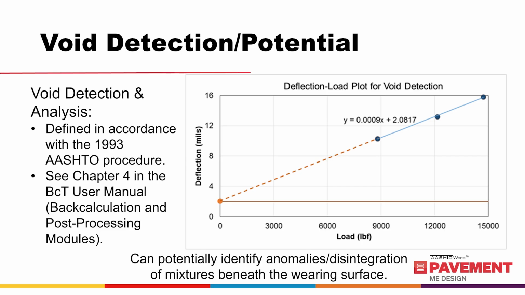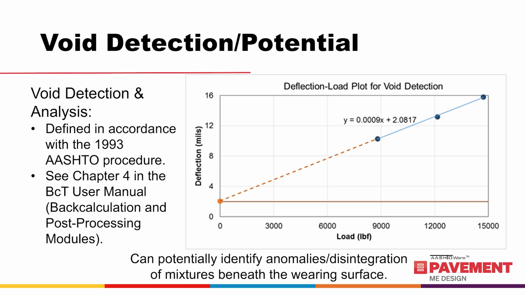This graph illustrates the determination of the loss of support variable, which is in accordance with the 1993 AASHTO procedure. Chapter 4 of the BcT User or Help Manual includes discussion on the loss of support variable. In summary, the loss of support variable is the intercept of the deflection versus load level relationship.